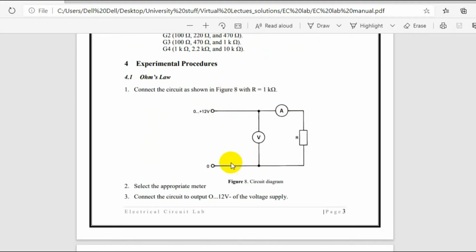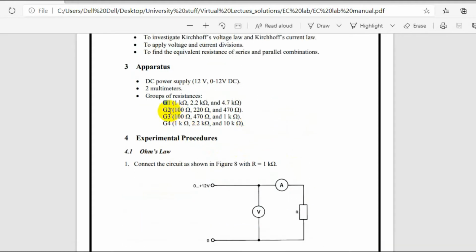Before we start the experiment, let us have a clear idea of the circuit. When you hear the word circuit, it is a closed loop. The voltage we are applying is from 0 to 12 volt, with a voltmeter, ammeter and the resistor.